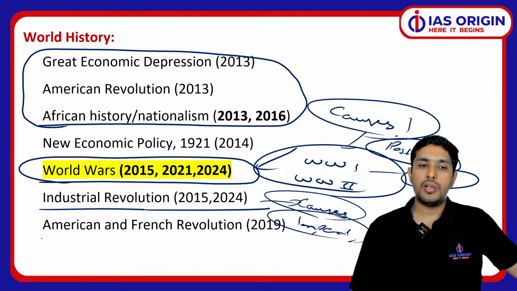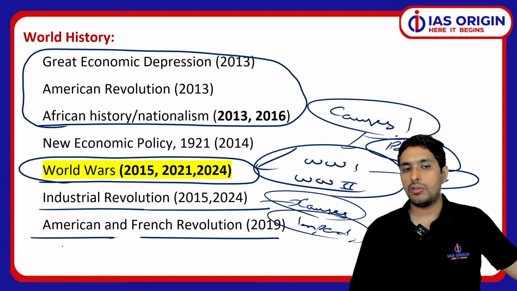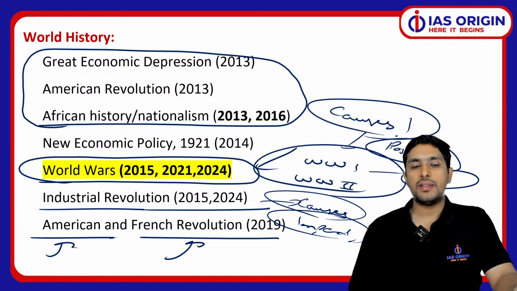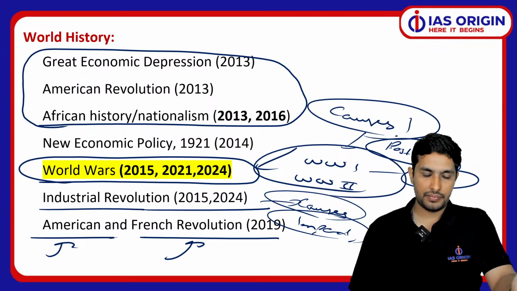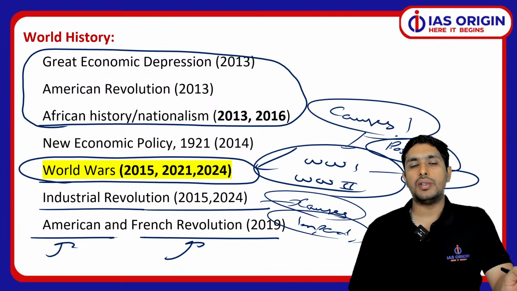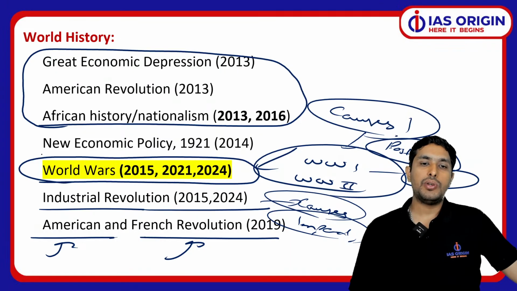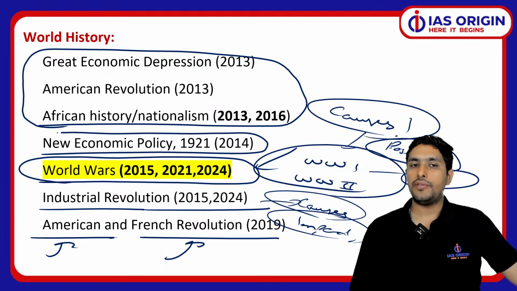Then you should read about the American and French Revolutions, very important topics. You should have a basic idea of American independence and the French Revolution, and how they removed the despots, or the so-called absolute rulers, from France. On the New Economic Policy we had a question in 2014, very important.